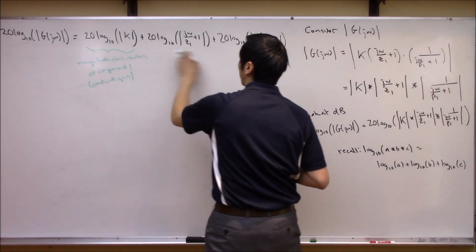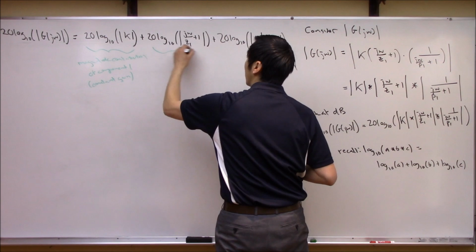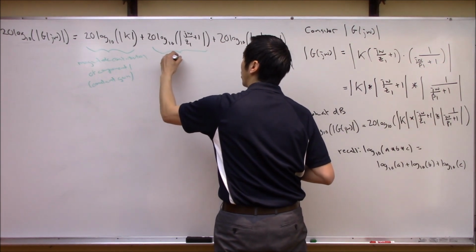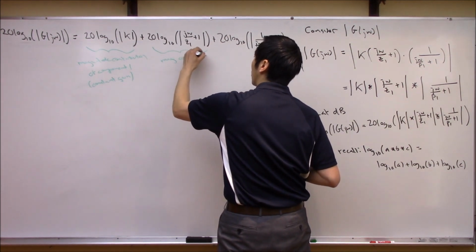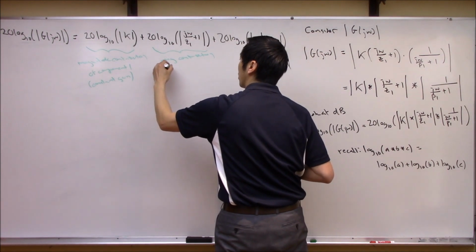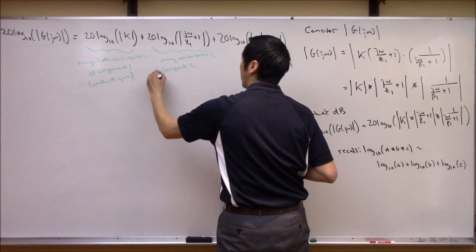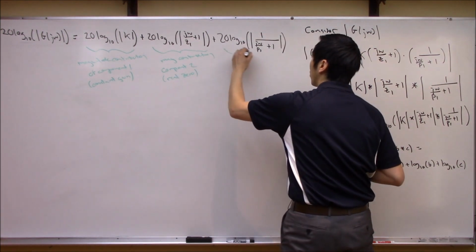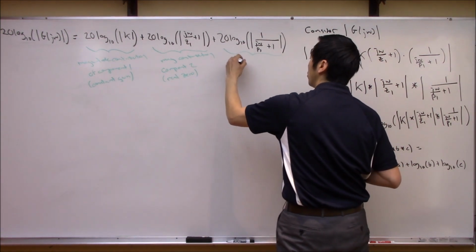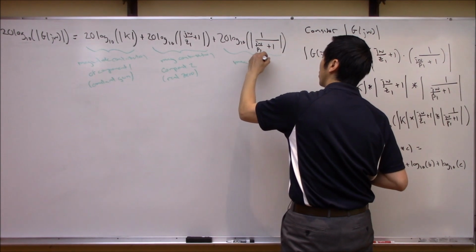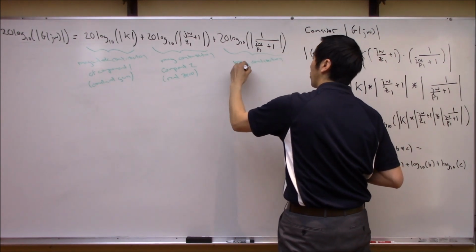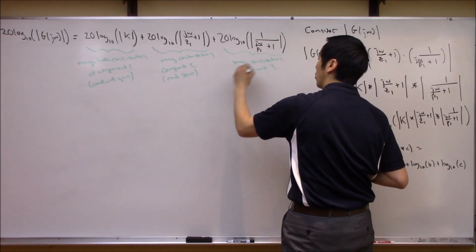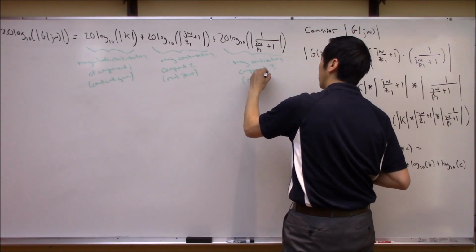And similarly, right here, this by itself is the magnitude contribution from component 2, which was our real zero. And finally, this term right here is our magnitude contribution from component 3, which was our real pole.